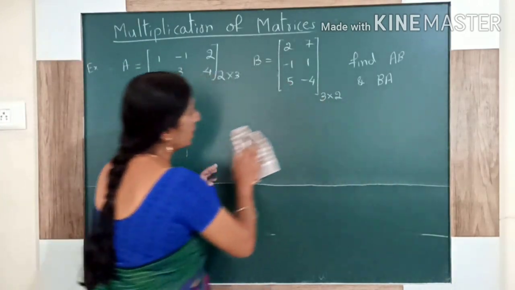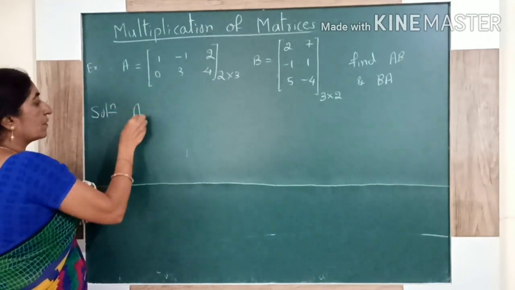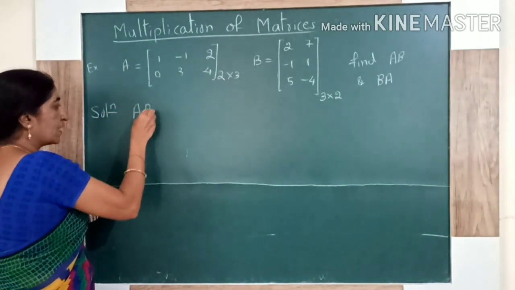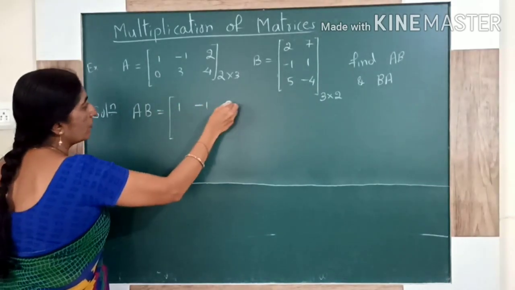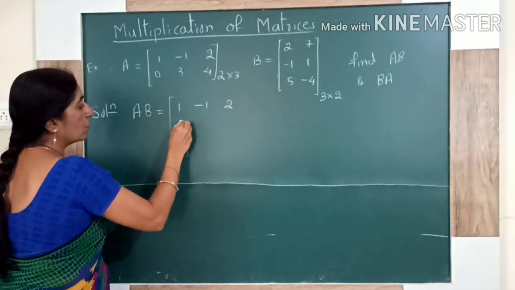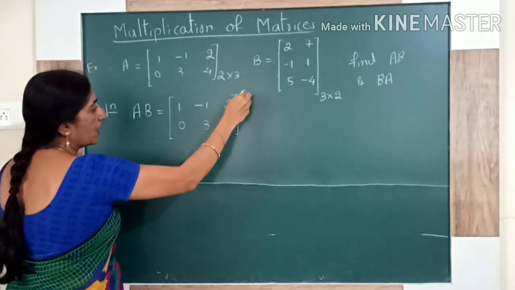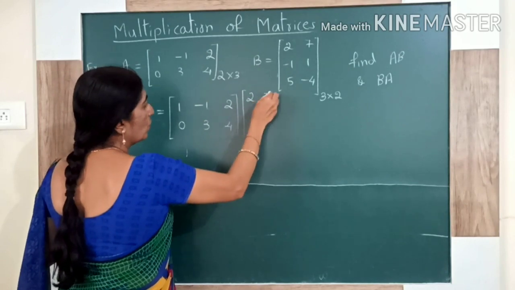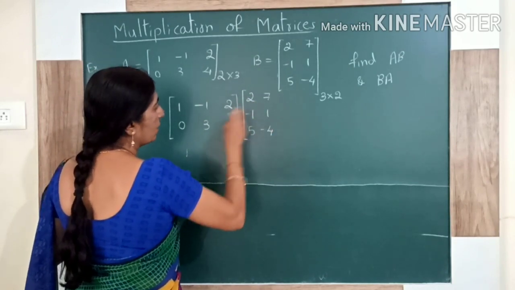So now I am writing matrix A in the solution. Matrix A and B I am writing here. First write down matrix A: 1, minus 1, 2, 0, 3, 4. Then write down matrix B: 2, 7, minus 1, 1, 5, minus 4.